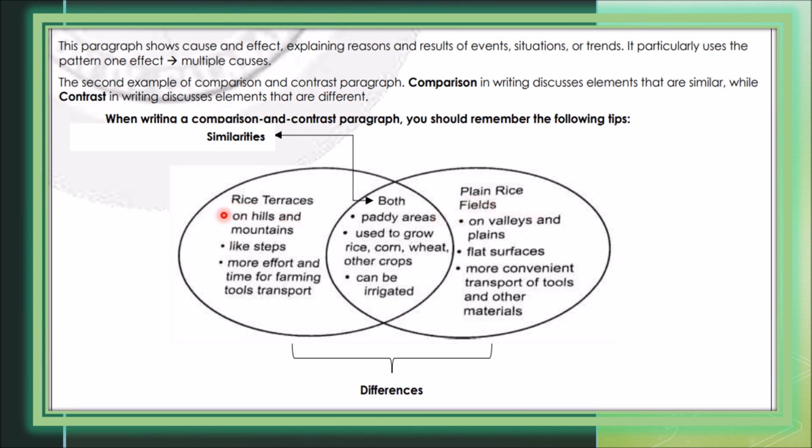For rice terraces: on hills and mountains like steps, more effort and time for farming tools to transport. How about in the plain rice fields? On valleys and plains, flat surfaces, more convenient transport of tools and other materials. So you can see their similarities and their differences. So we call this one a Venn diagram.